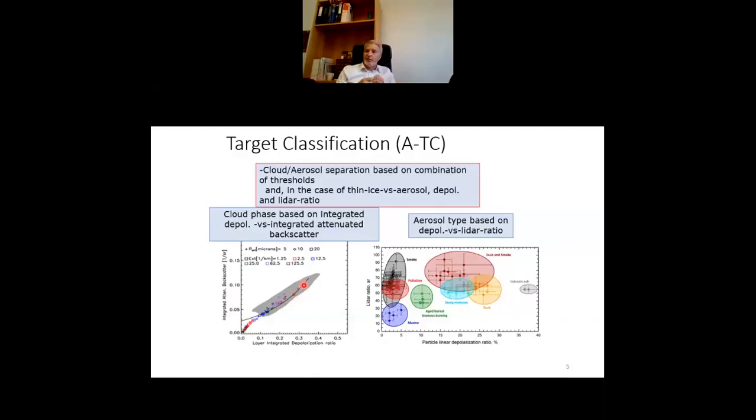If you only have single scattering, the depolarization ratio for anything spherical will be 0. But in clouds you get multiple scattering, so even if the cloud droplets are spherical, you get multiple-scattering-induced depolarization, which looks like this kind of relation.